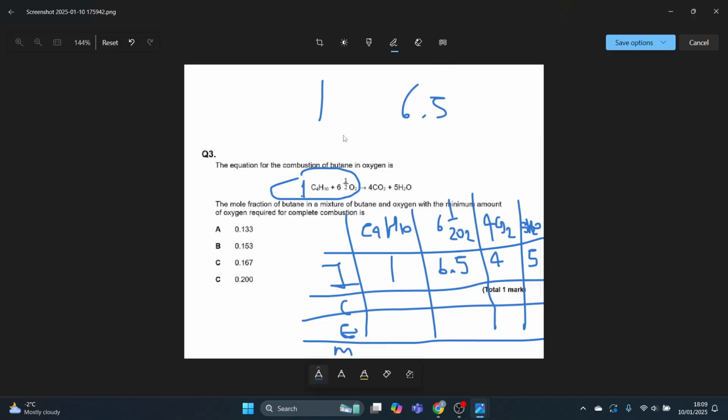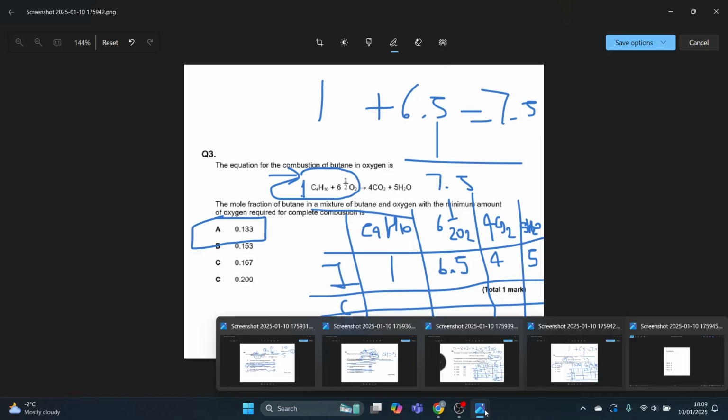Therefore, the total moles in the mixture is 7.5, and therefore the mole fraction of butane is the number of moles of butane, which is 1, divided by the total moles, 7.5. Oh my days, and that would give you 0.133. That makes complete sense. It's just going through the question.